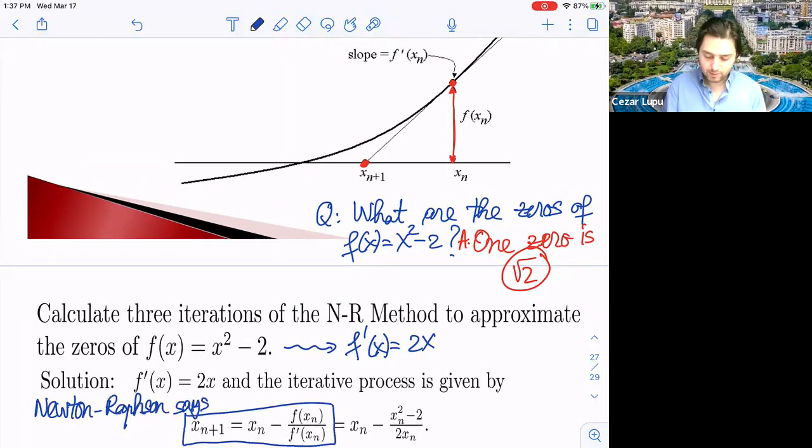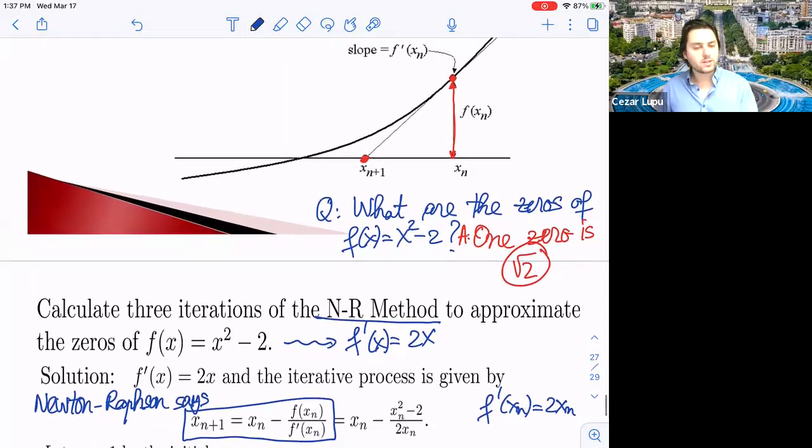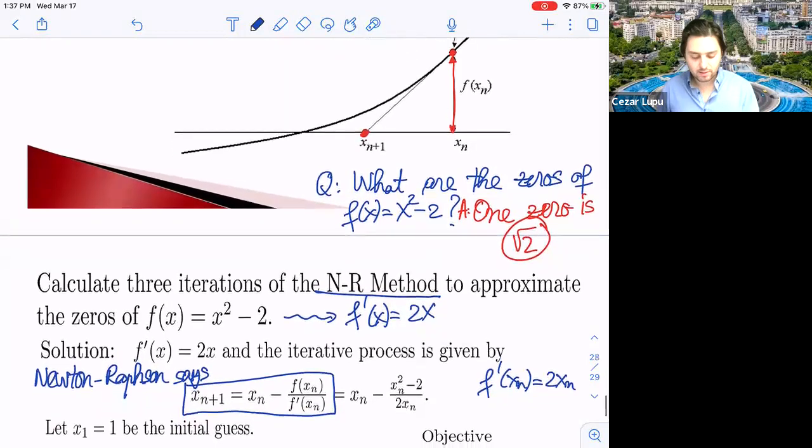It will be xn minus xn squared minus 2 over 2xn, because f prime of xn is nothing else than just 2xn. Okay, great. Now let's say that x1 is 1. That would be the initial guess. Right, let's start with 1.